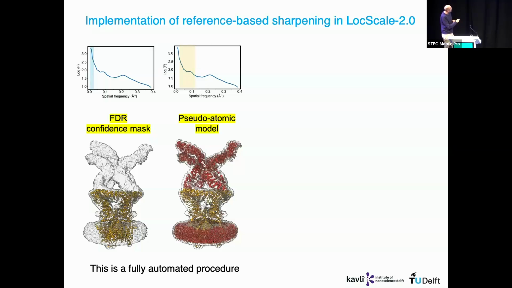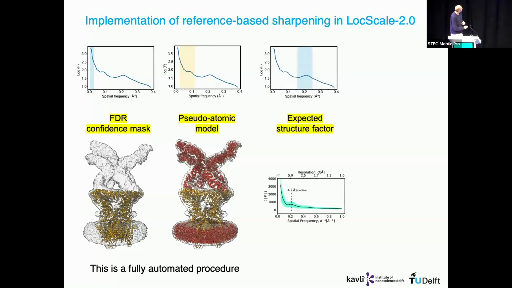Then we fill this with a pseudo-atomic model. We form a pseudo model where we place average atoms that represent the structure that we try to model, which helps us fill that total scattering volume and determine the distribution of atomic scatterers, which covers this part of the radial structure factor.